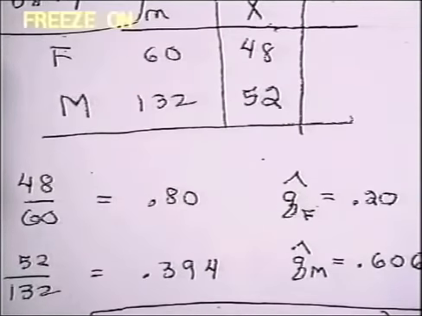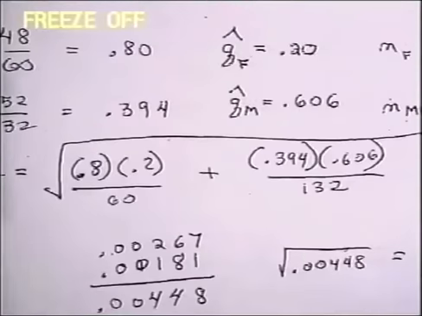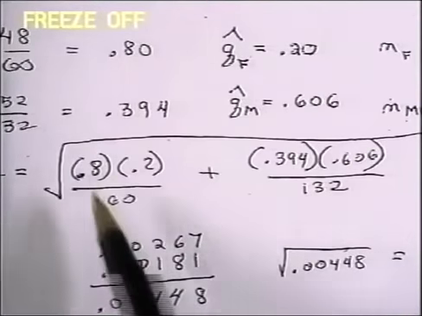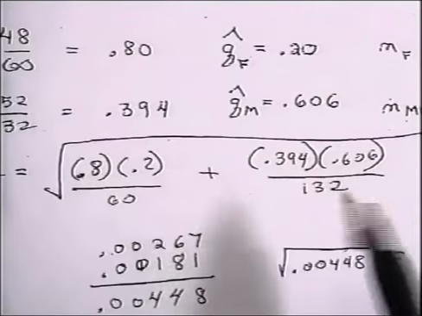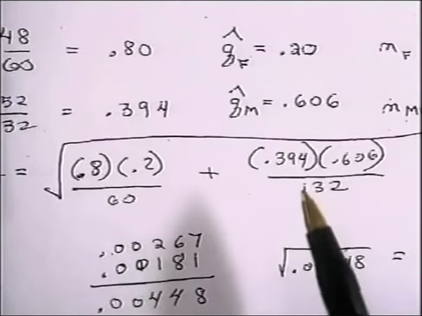I've got to zoom in a little bit so I can show you. This is P for the female times Q for the female divided by N for the female. This is P for the male times Q for the male divided by N for the male.